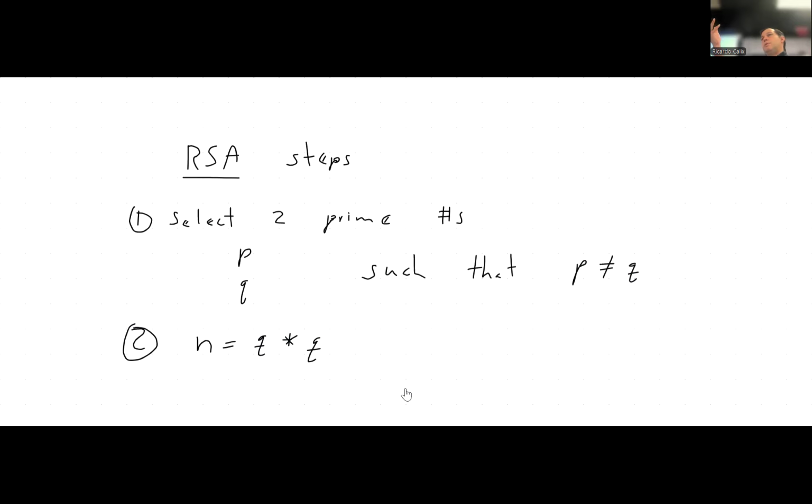Just pick two prime numbers right now. 17 and 19, for instance, right? Those are prime numbers. Obviously, those are too small, so they would easily be discovered. So you want to have something much longer, as we will see on Thursday. P times Q gives you N. That's the N in question, right?